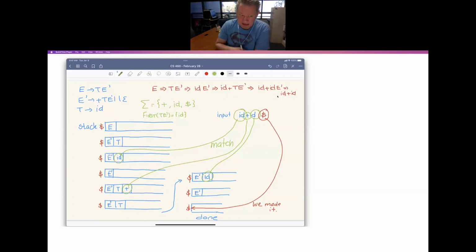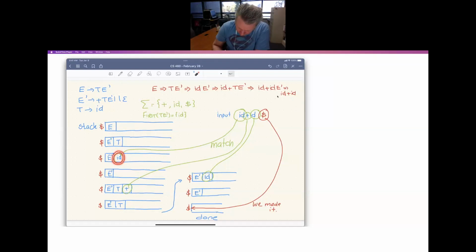Well, then you should take the next correct step in the derivation. We can see that that's that one, which is pretty obvious here because there's only one right-hand side. But we did pick the right-hand side that had a first set that matched with ID. Okay, what about that? Well, now I have a T at the top of the stack. I should pick a right-hand side of T. Well, that's only ID, and I have an ID, so I can replace that by ID.